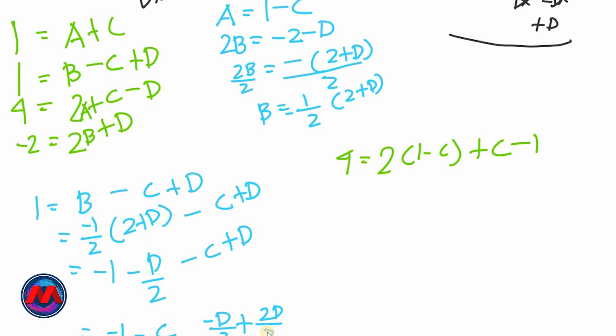Sorry. Yan. So, distribute natin. 2 times 1 is 2 minus 2c plus c minus 4 plus 4 is equals to 2. Combine like terms muna. 2c plus c is minus c minus d.